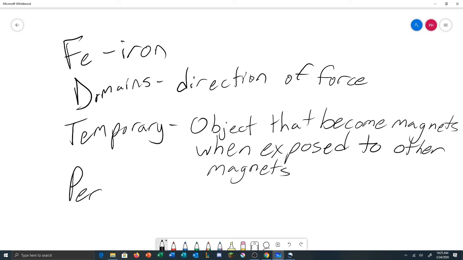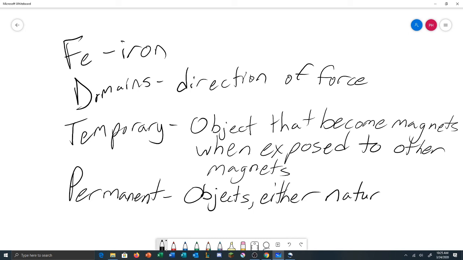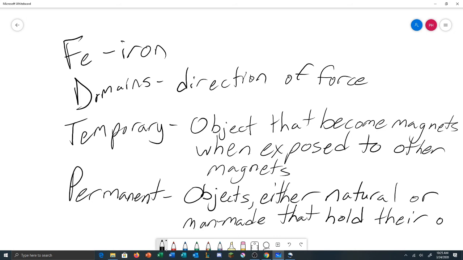And then you have permanent magnets, which are objects either natural or man-made that hold their own charge. Their domains are always lined up due to either electricity running through them, radiation, or naturally occurring.